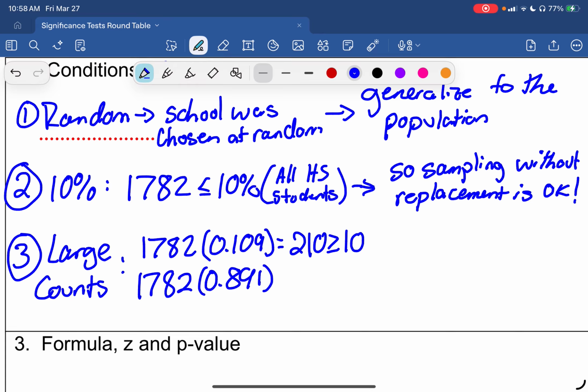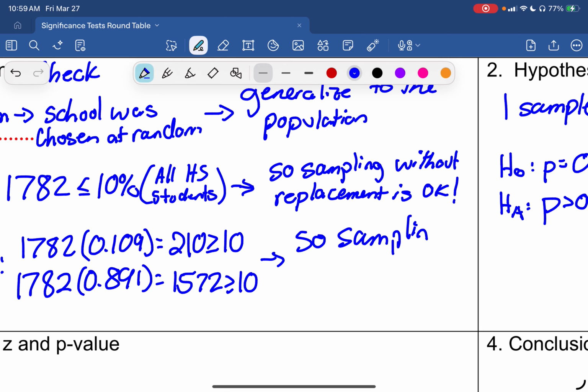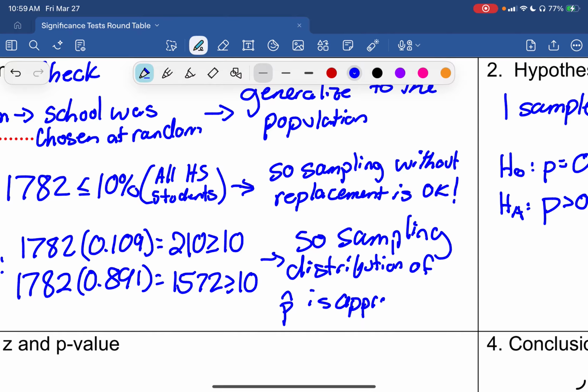Now, remember, we do need to check both sides of this. And we do need to actually write it out, the way I'm doing it now, where we show that, yes, indeed, they are both greater than 10. And why we care: we want to know, is the sampling distribution going to be approximately normal? Here, because we pass large counts, it is going to be approximately normal.